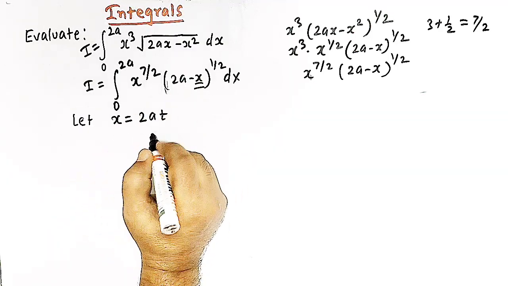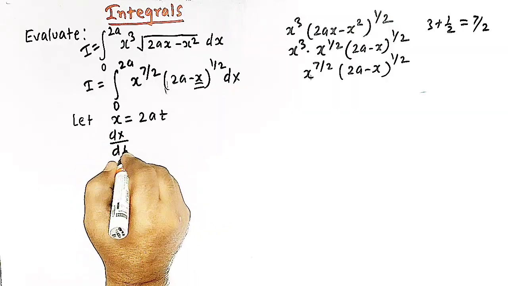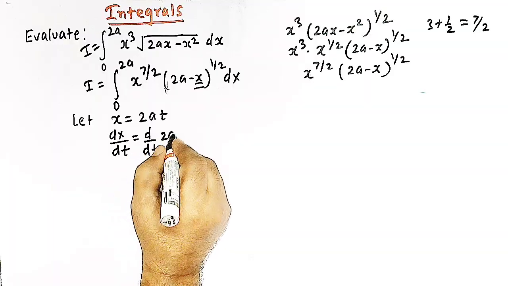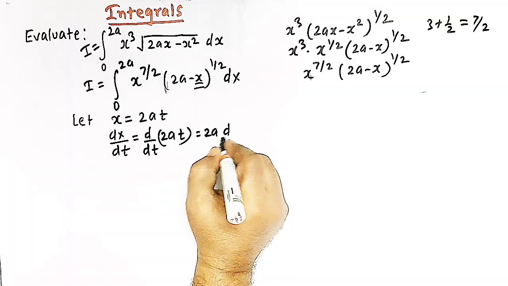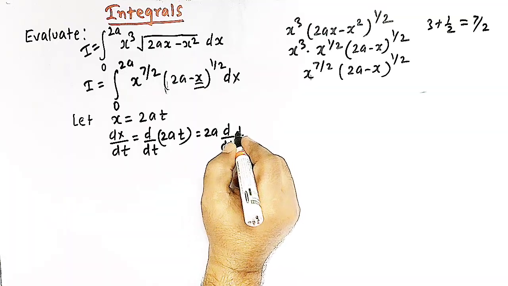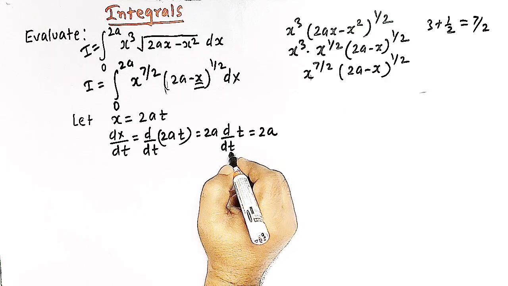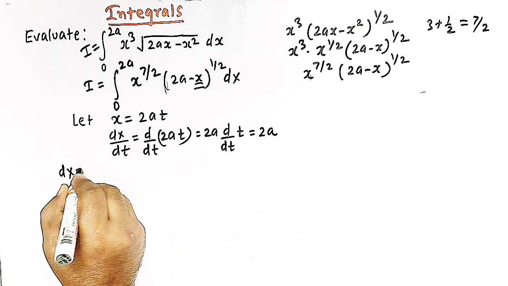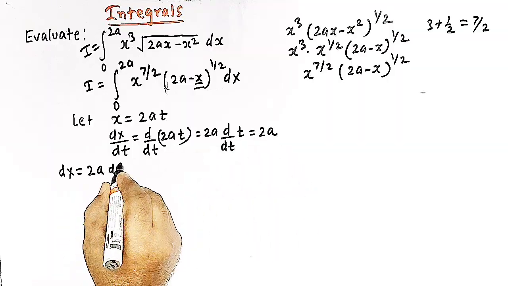So x is equal to 2at, so that dx over dt is d by dt of 2at, and this is 2a times the derivative of t with respect to t, which is 1, so simply 2a. So we can now write dx is equal to 2a dt.